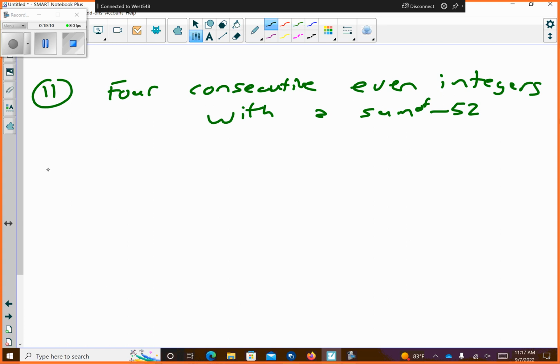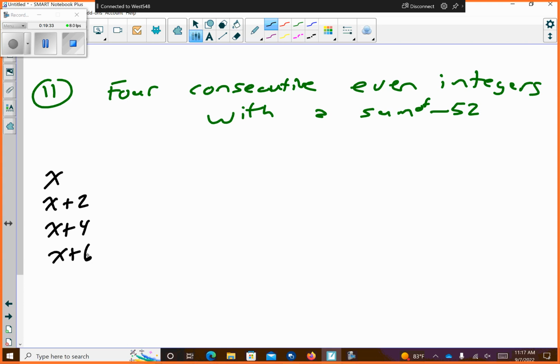So even integers, x, what's the next one? Even. Next one? You're nailing it. So it's the same rule for even and odd, okay? Same rule, even or odd.